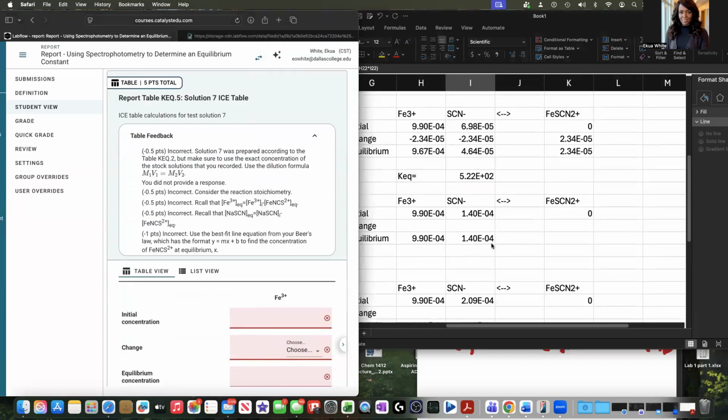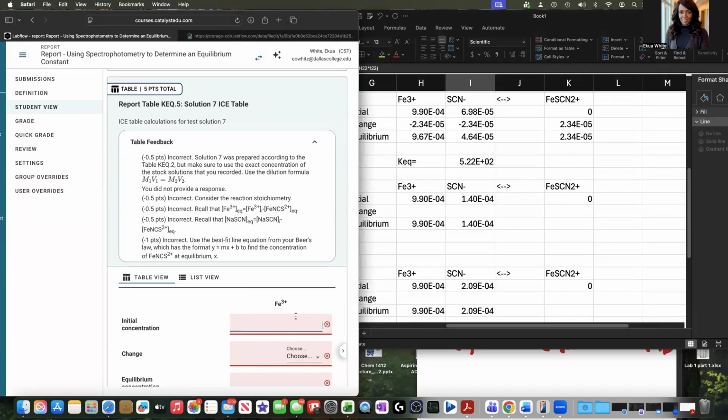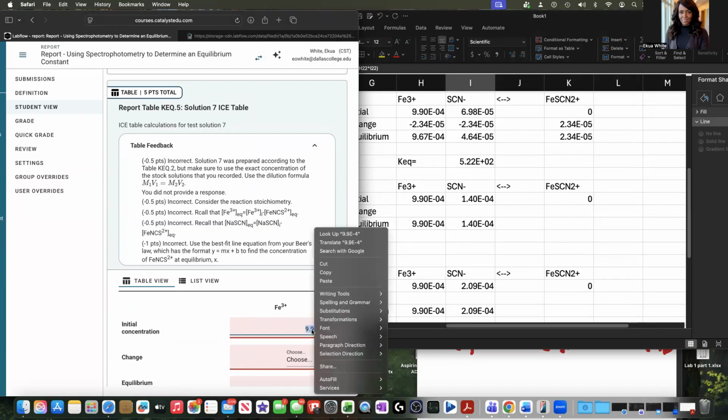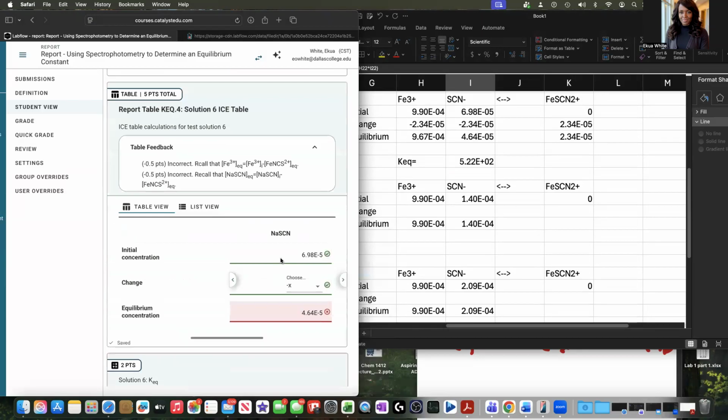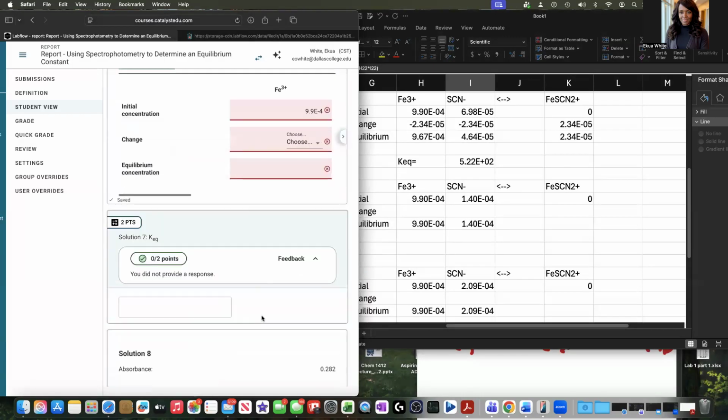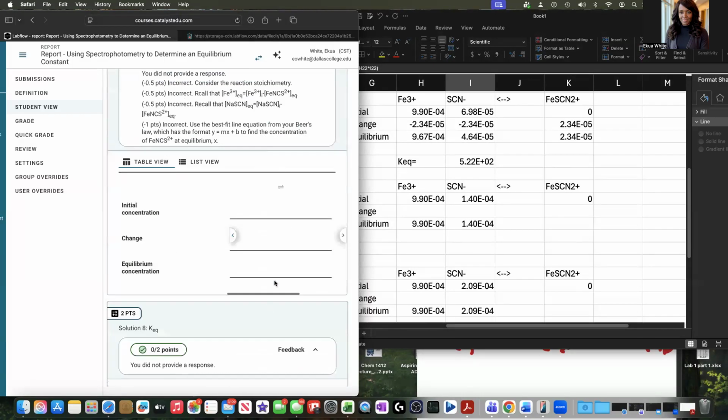This one here, our starting amount, this should be 9.9 exponent -4. This amount is not changing, right? 9.9 exponent -4. Let me see if I can copy and paste this everywhere. That's the same amount. 9.9 exponent -4.